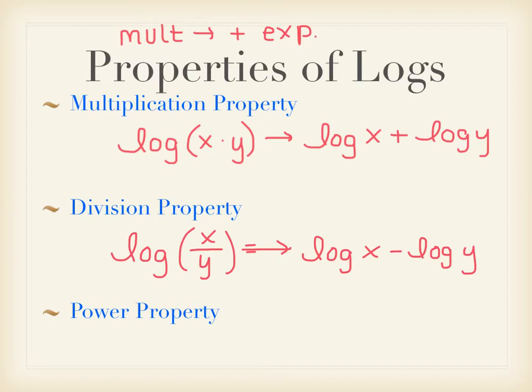And the power property says that if you take the log of x to some power, you can move that power down in front and multiply. Because remember, when you raise a power to a power, you multiply. Okay, so powers become multiplication. This would become n times the log of x.